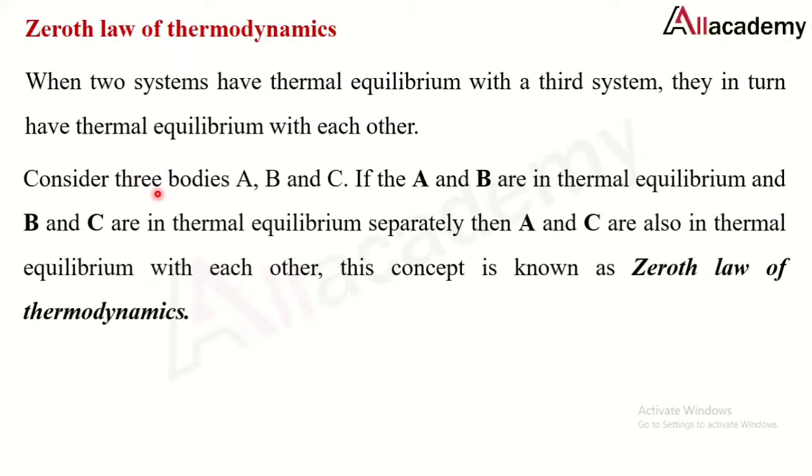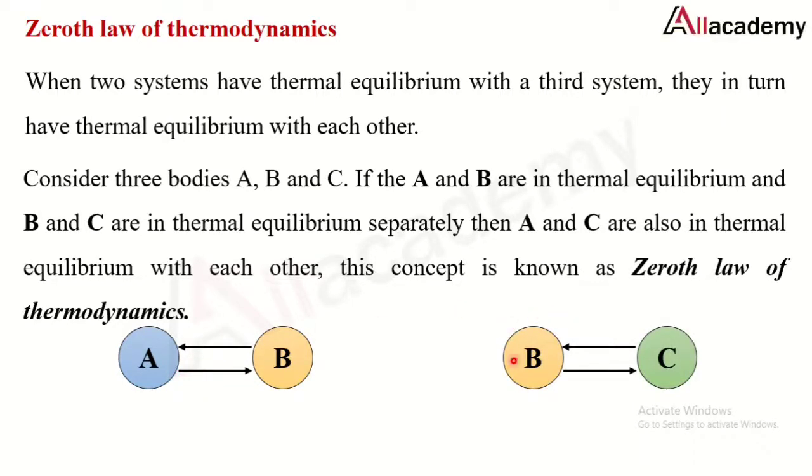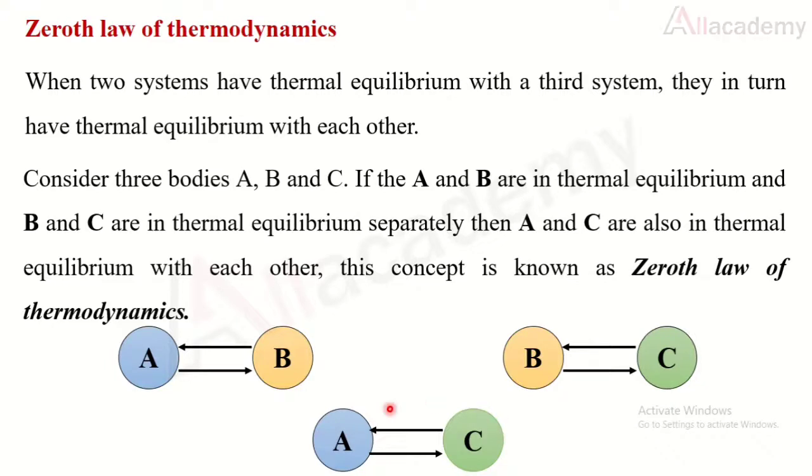Let us consider three bodies A, B and C. If body A and B are in thermal equilibrium with each other, as you are observing in this figure, and body C and B are in thermal equilibrium with each other separately, then bodies A and C must be in thermal equilibrium with each other. This concept is known as the zeroth law of thermodynamics.